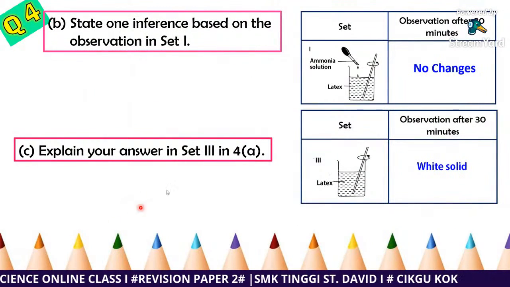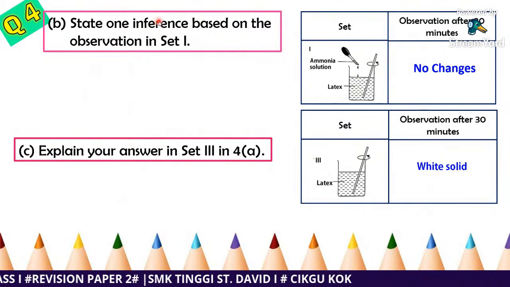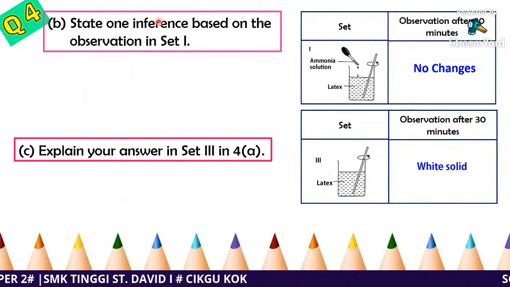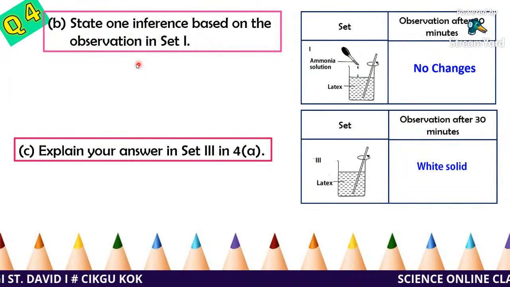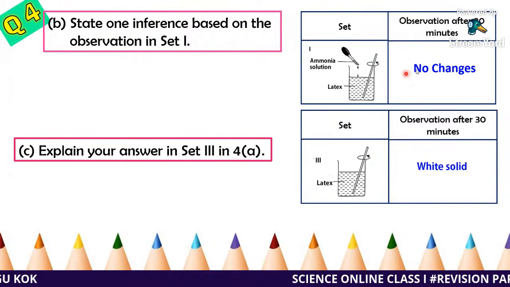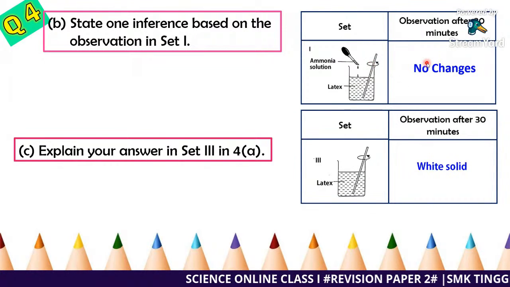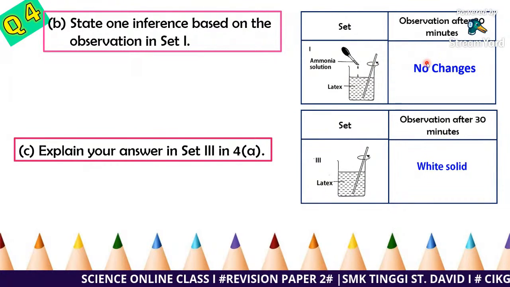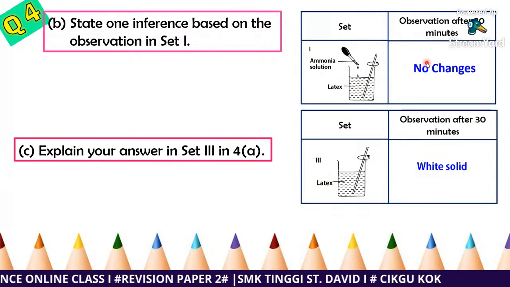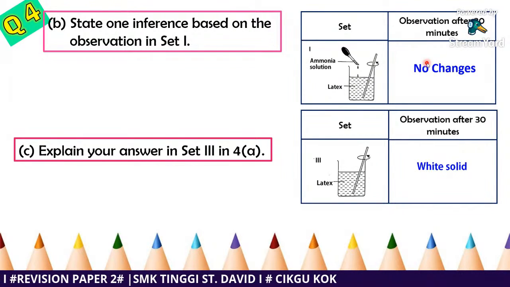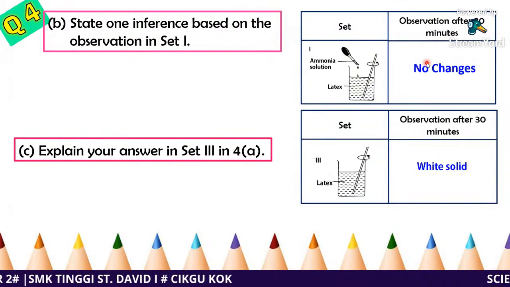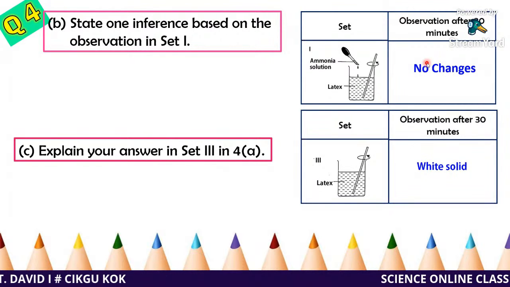Okay, so from here, this one is inference. Inference means you base on the table, then you answer. Observation for set 1. What you can see from set 1 is the latex is unchanged. It is still liquid, although you add the ammonium solution.